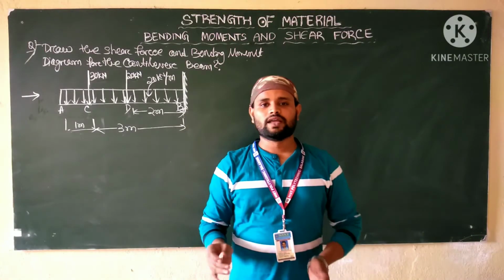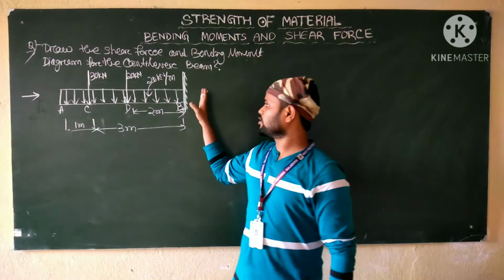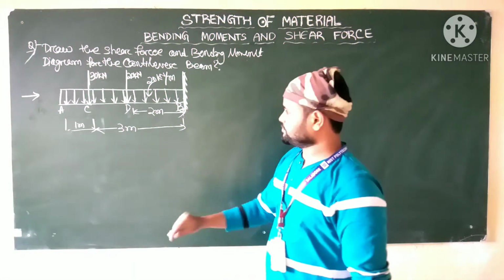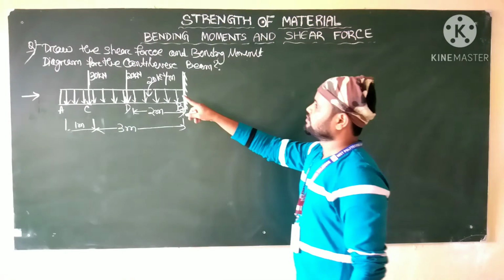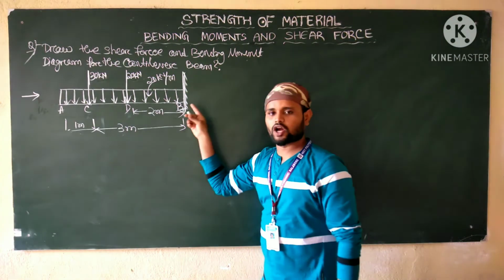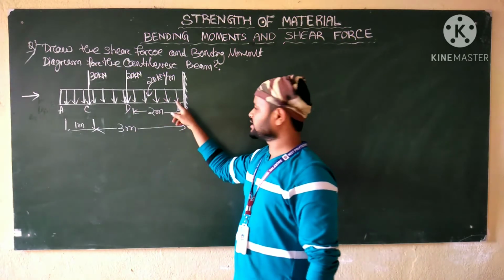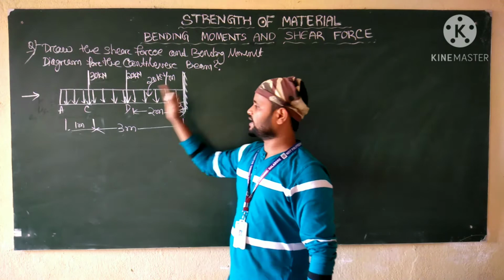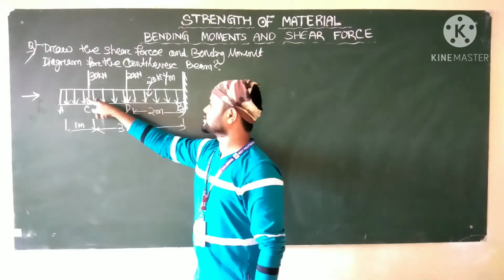Let us do another problem on this topic, that is a cantilever beam with a uniformly distributed load. So write the question. Draw the shear force and bending moment diagram for the cantilever beam as shown in the figure. Here you will see a cantilever beam whose one end is fixed and the other end is free, along with a uniformly distributed load.